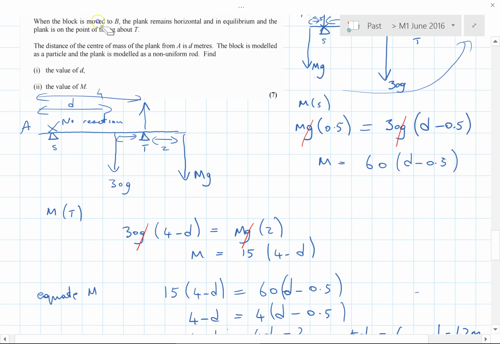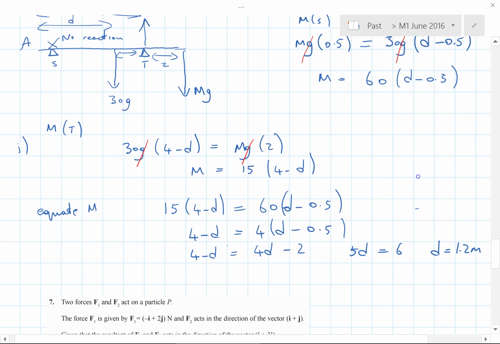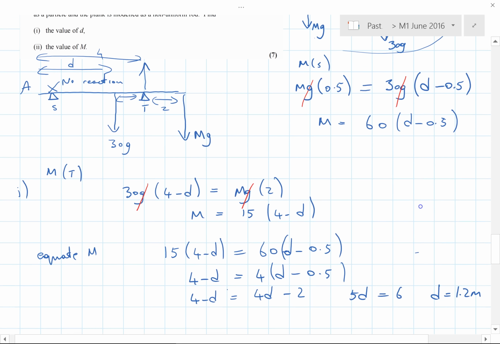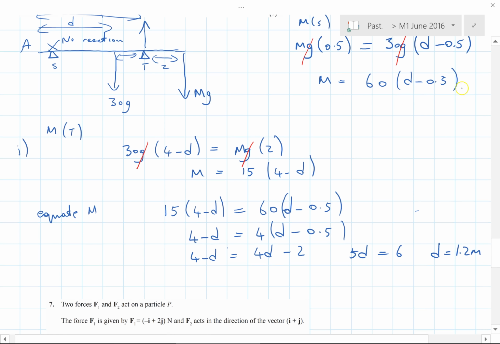Of course, it's easy to forget there's a second part here because we've basically done the problem now. Now we've found d, we need the value of M. We can use either of these expressions to work out M. So I'm going to use this one, and it might be useful then to check with the other one.